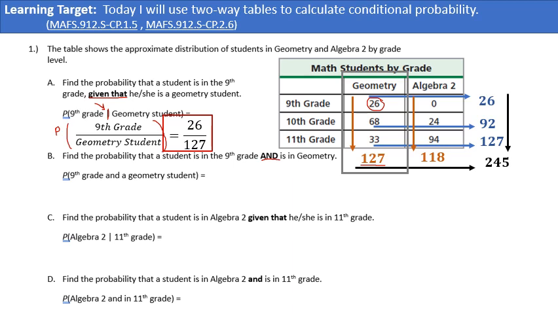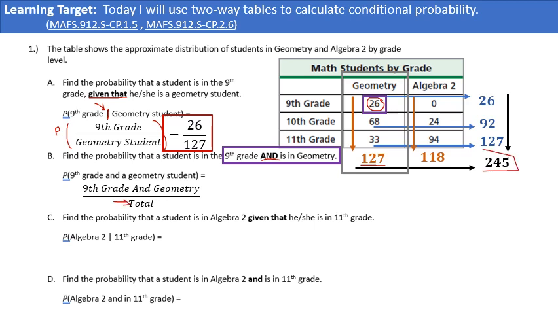So we're finding the probability that the student is 9th grade and in geometry out of the total. How many people are in 9th grade and in geometry? 26. This is going to be 26 out of the total, which in this case was 245. So our probability here would be 26 out of 245.